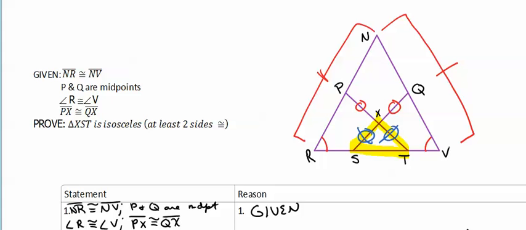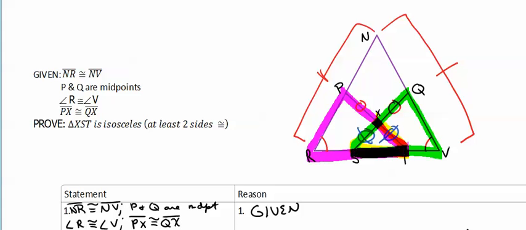Well, if you look at those 2 sides, you'll see that it's a part of a larger line segment that extends to P and Q. If we continue that, you'll notice that QS and PT are also a part of larger triangles. If we can establish that those triangles are congruent, we can then establish that the corresponding line segments within the triangle are congruent. Therefore, the little piece is congruent to establish the isosceles triangle.